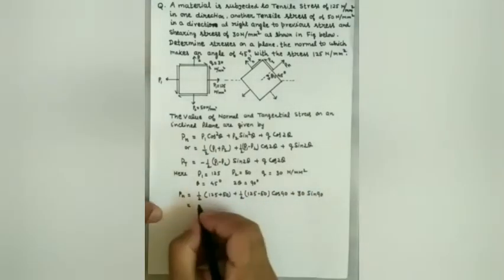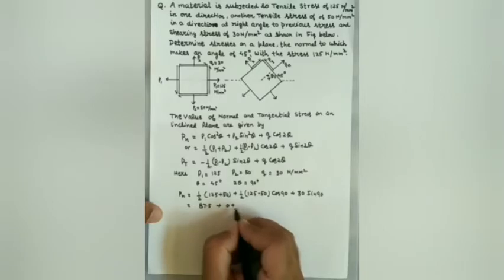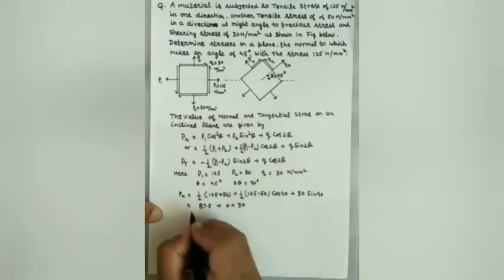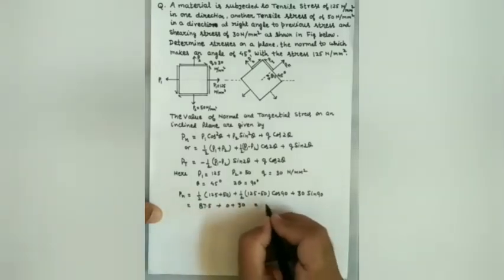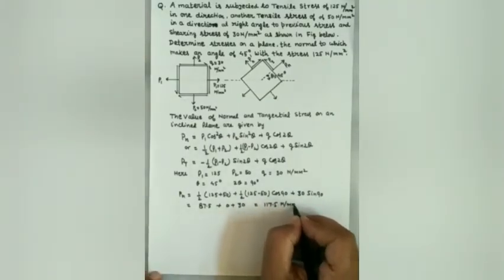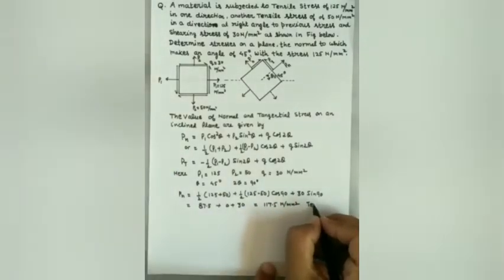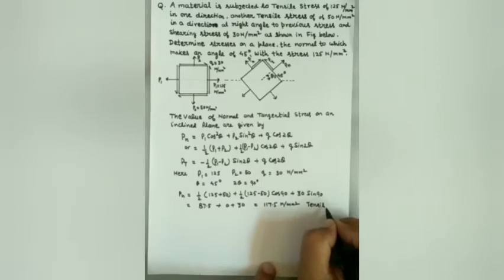So putting values, we get 175 by 2, that is 87.5, plus 0 since cos 90 is 0, plus 30 as sin 90 is 1, which gives Pn equal to 117.5 Newton per mm square. Since it is positive, it will be tensile in nature.